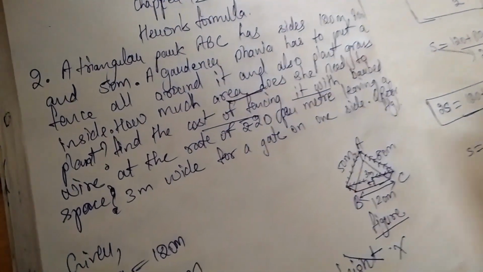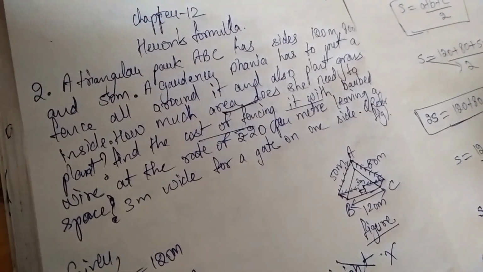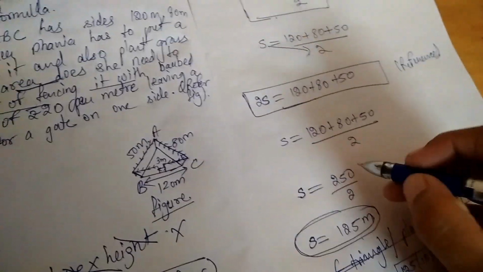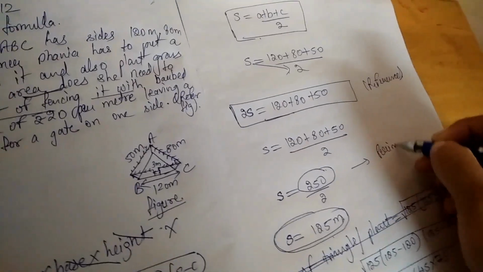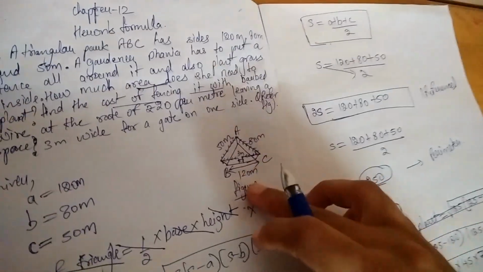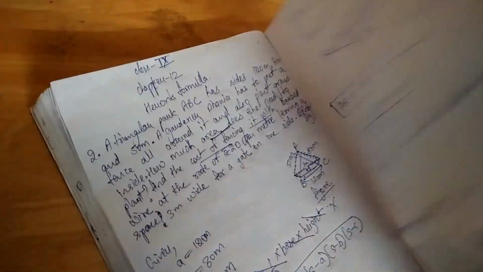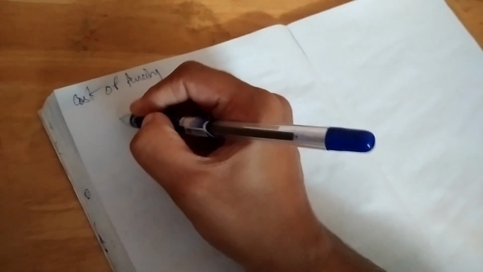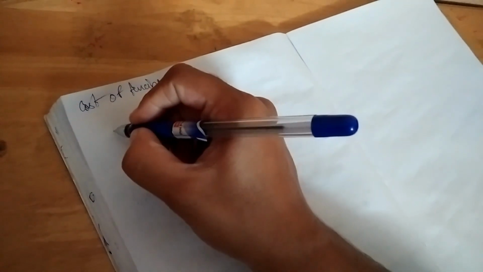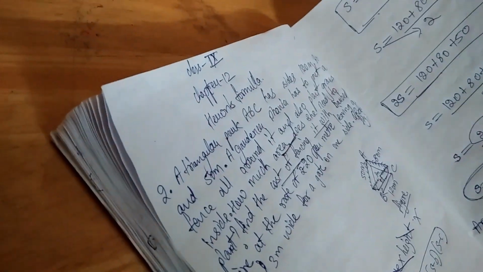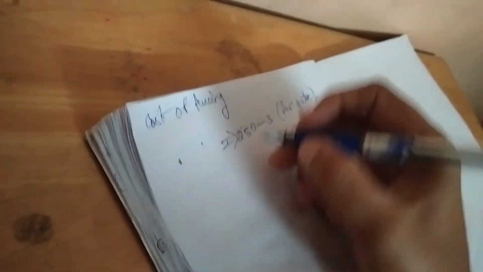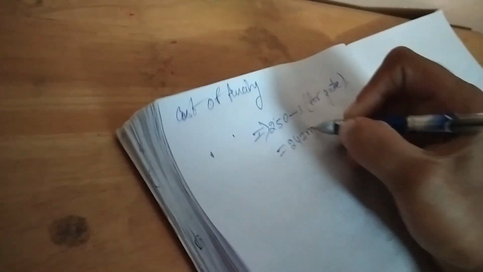So from the value of perimeter, 250, we need to subtract 3 for the gate. 250 minus 3 gives us 247 meter.